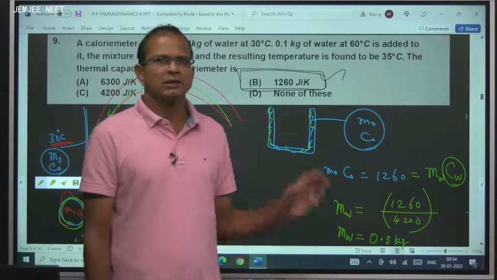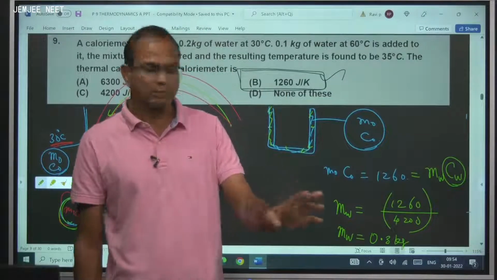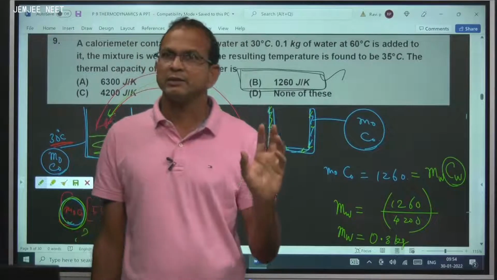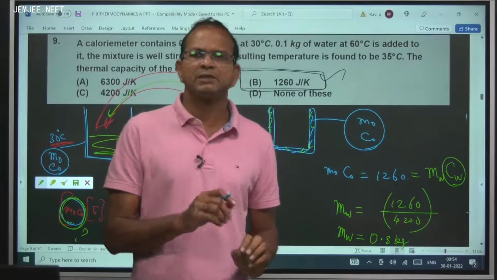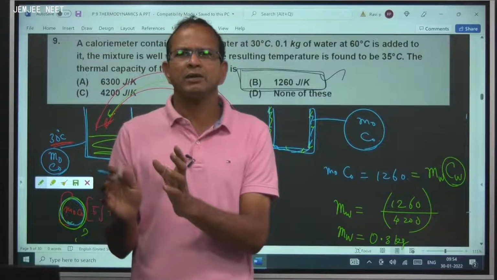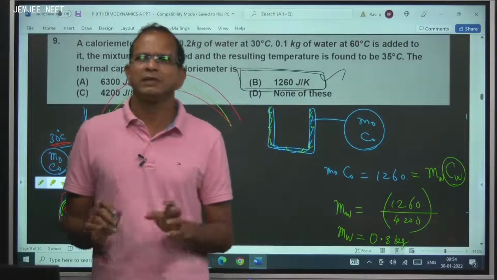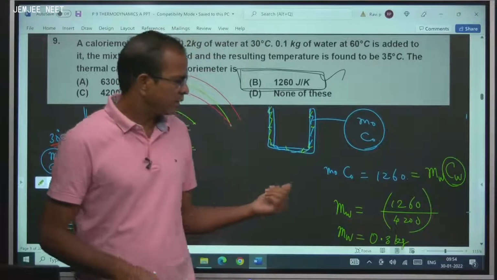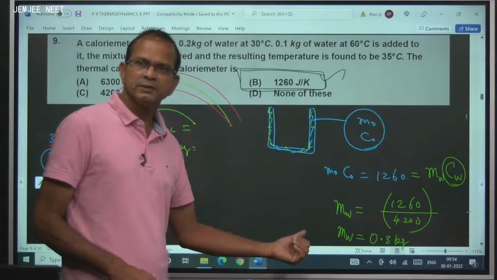It is a mass, so the answer is in kilogram. The given body can be aluminium, copper, anything, including water. Clear now? Okay. I hope you got it.